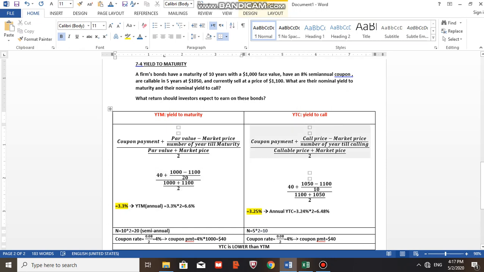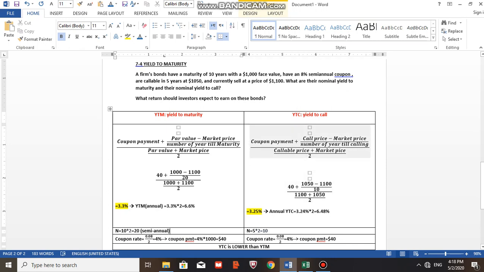Going to the YTC, the coupon payment is the same as the one calculated in the YTM, but instead we need to use a different price, which is the call price. The call price is given here, it's a callable price of 1,050, so we use the 1,050. The market price is 1,100.